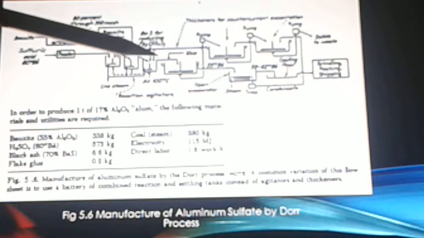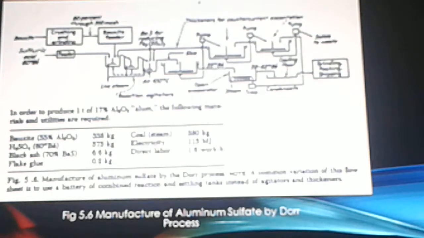In the last reactor, barium sulfide is added in the form of black ash to reduce the ferric sulfate to ferrous state and to precipitate the iron. A mixture from the reactor is sent through a series of thickeners operated countercurrently, which remove undissolved matter and wash the waste.